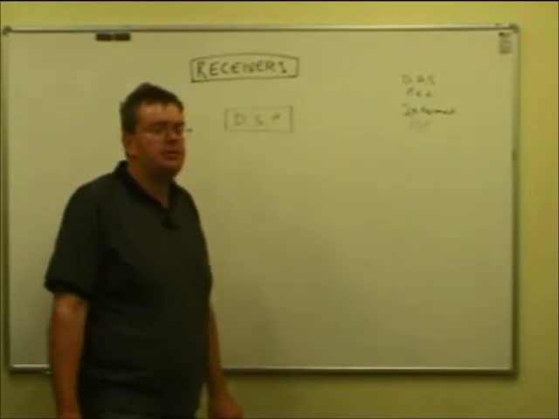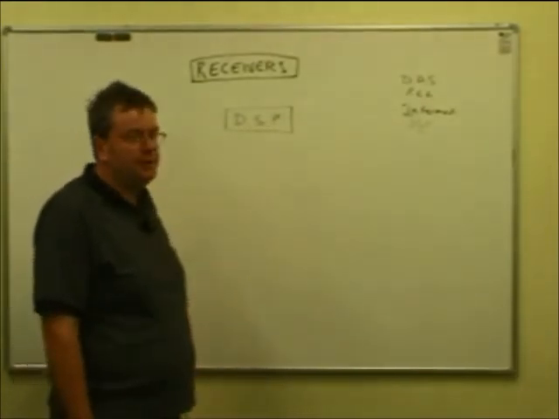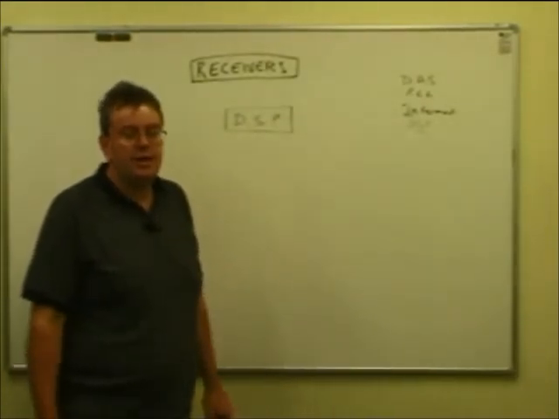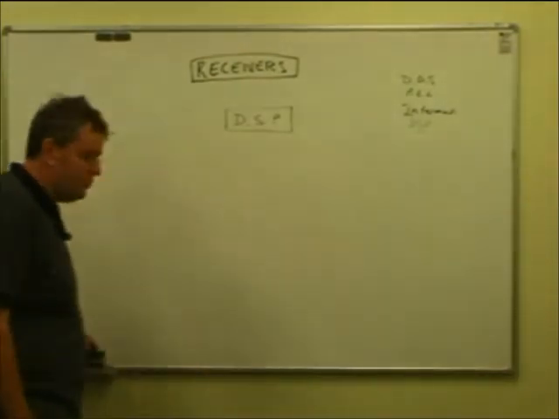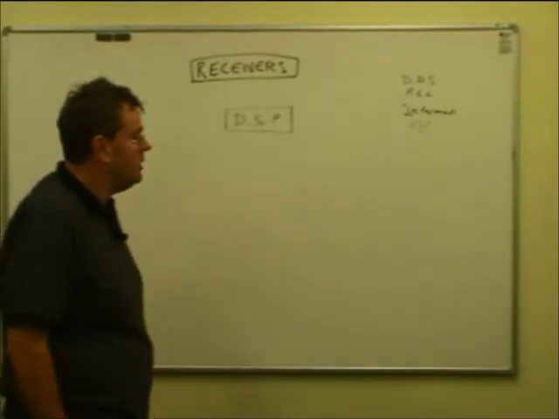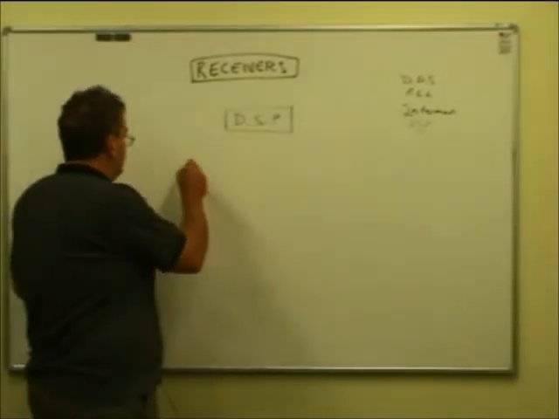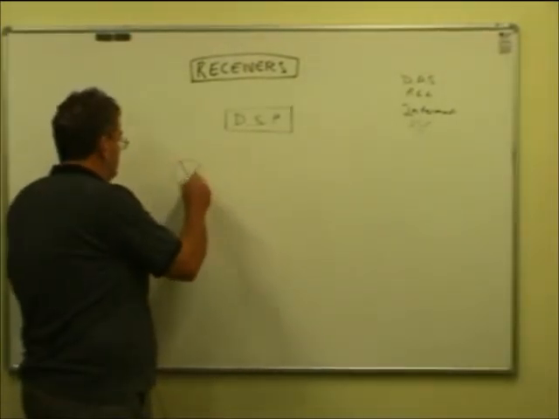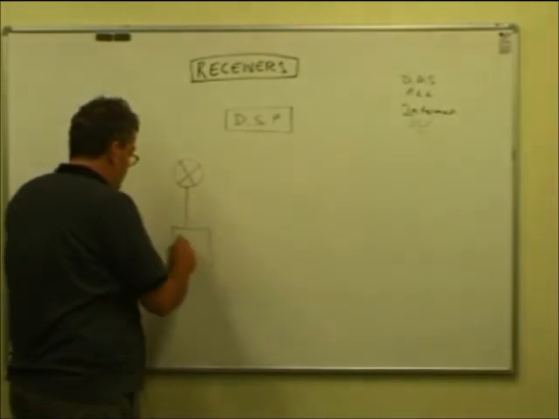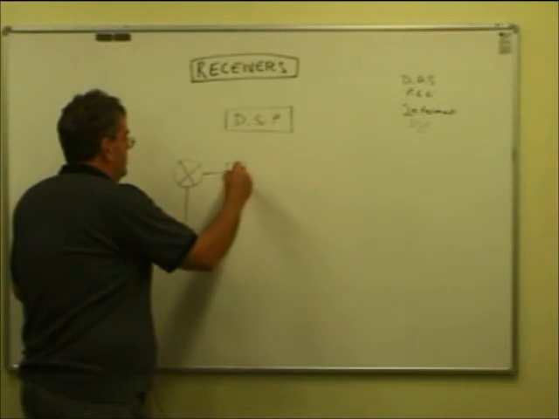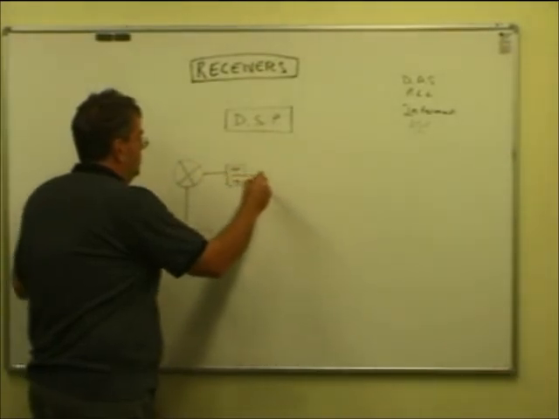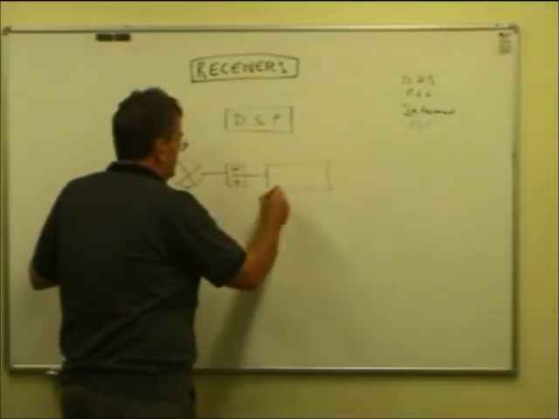The latest thing that DSP is doing is in sets like FT1000s and so on, which is a contemporary, high-end radio made by Yaesu, and ICOM 756s and things like that. Remember we've got the front end, we've got the mixer, here's our DDS system, and then we go onto those filters, we still have those, and then the IF.